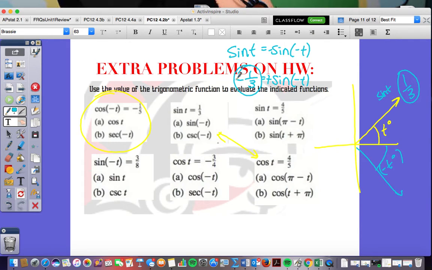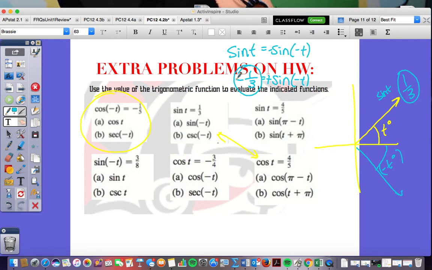Also the symmetry. This might be deeper than what you want, but do you remember the graph of sine? Sine will look like this, right? It's symmetric over the origin, the x and the y. When it's symmetric like that, we call it odd, which is what we talked about with that definition. When we talk about cosine, it's symmetric over the y axis.